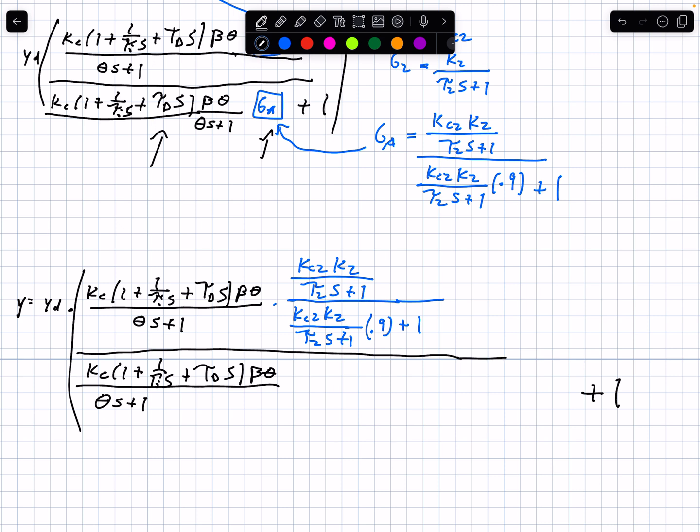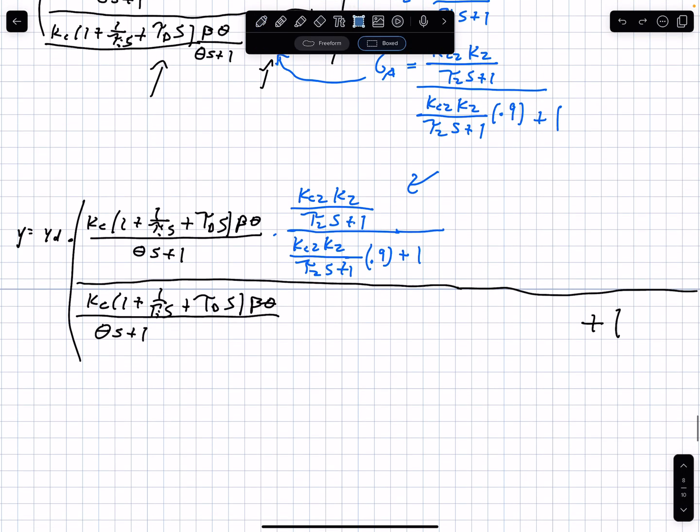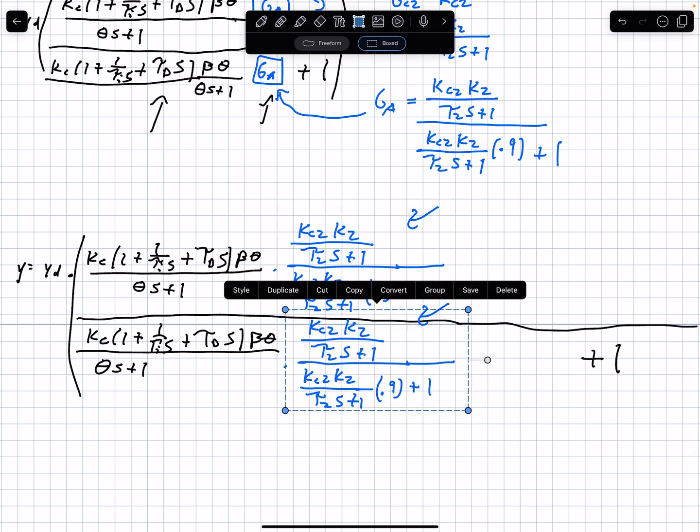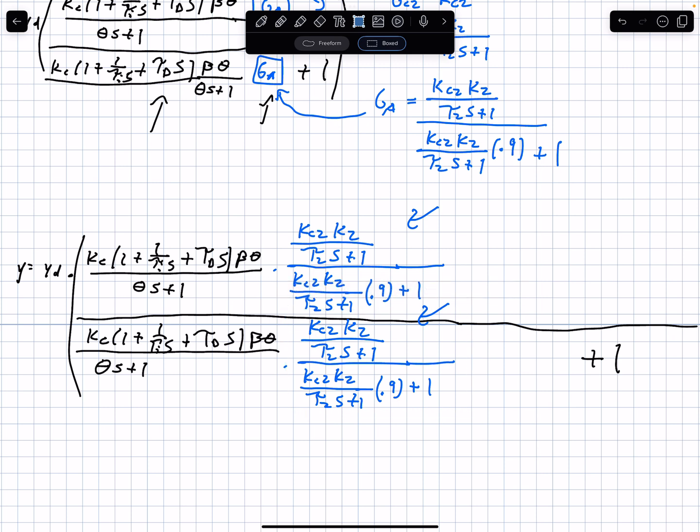And then the GA is just going to be the same thing as here, so I'll just copy it. And then this plus 1 is times everything.